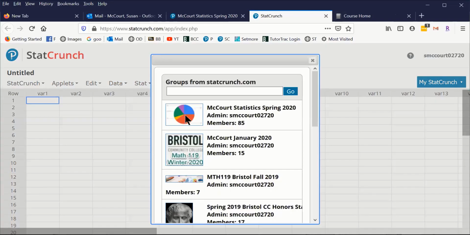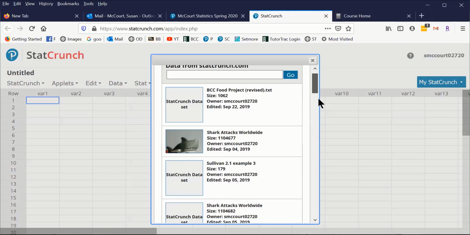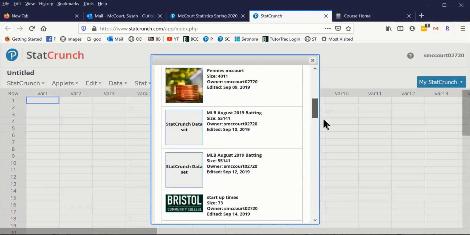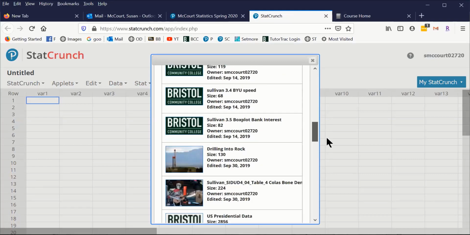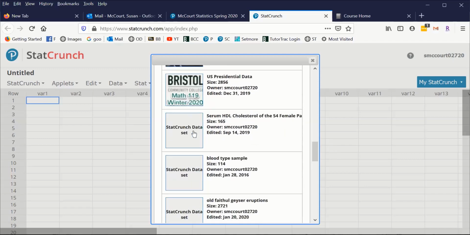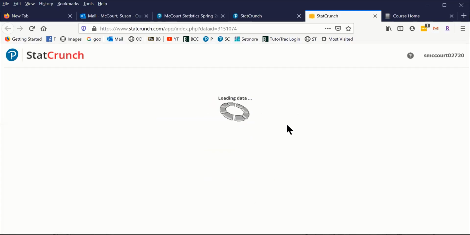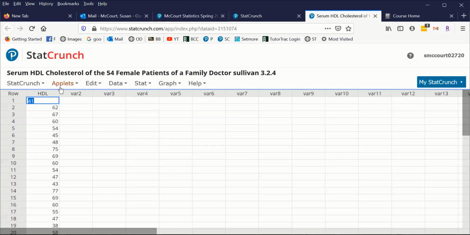Pick my pie chart and scroll down to find serum cholesterol. It's right under the presidential data. And there it is. So we have HDL in one column. Pretty simple.